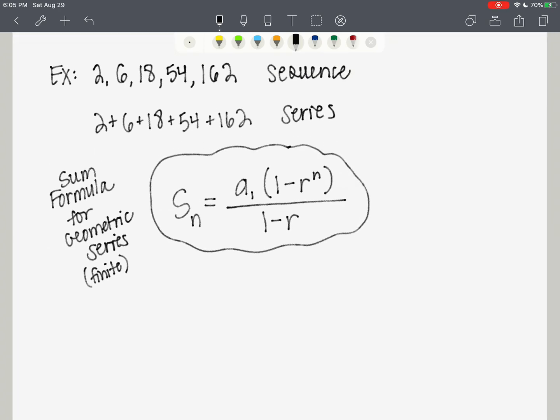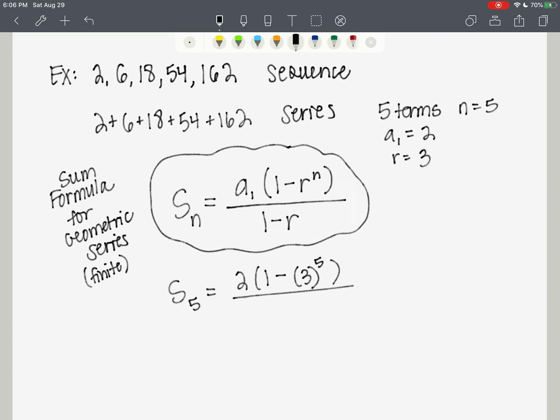So let's try and use this formula with this series right here. This series has 5 terms, so that means n equals 5. The value of the first term is 2, and our common ratio is 3. So the sum of those 5 terms is equal to the first term times 1 minus r, which is 3, raised to the 5th power, all over 1 minus 3. 2 times 1 minus 3 to the 5th power, which is 243, all over negative 2.